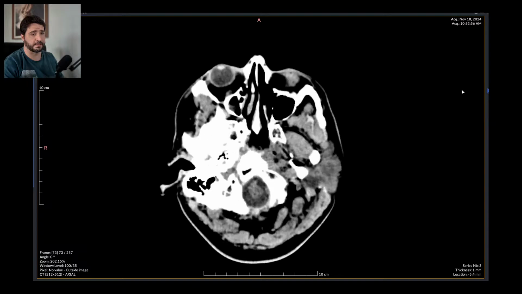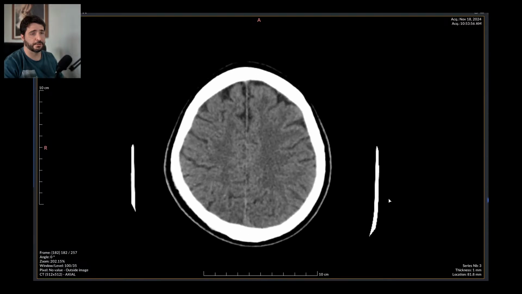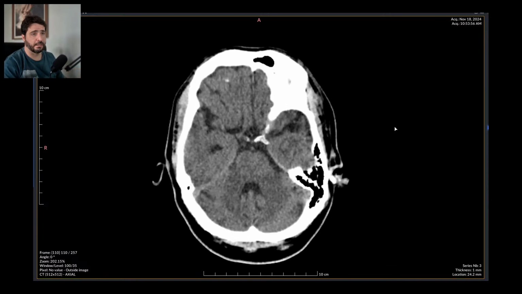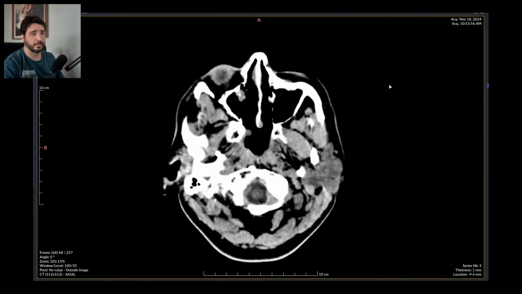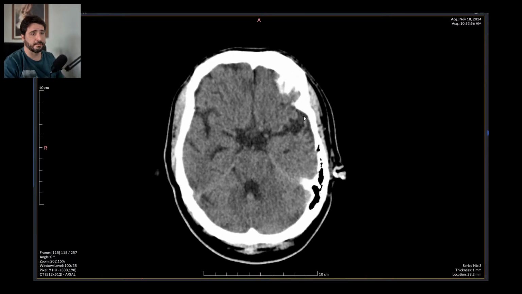I don't know if it's the first time this patient has a seizure, or if it's a common event. It seems he has some sort of left temporal lobe atrophy right there.